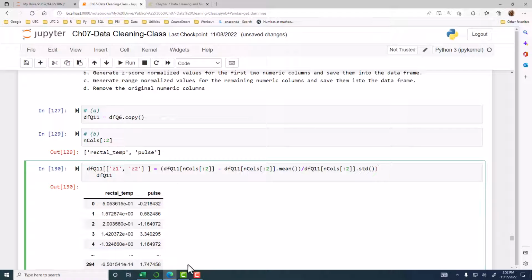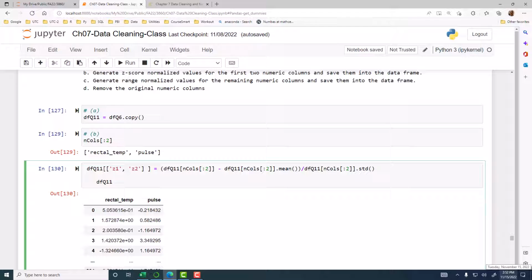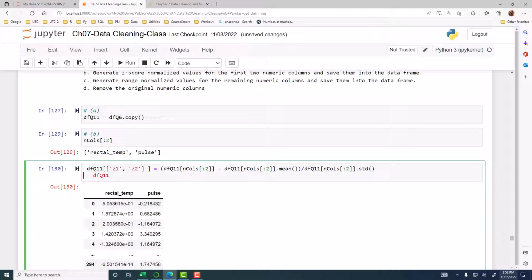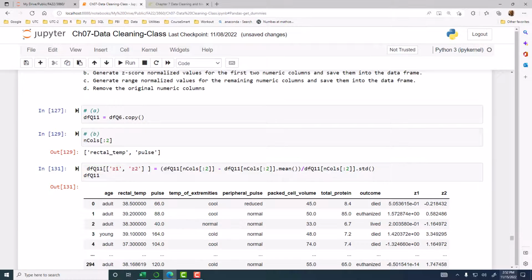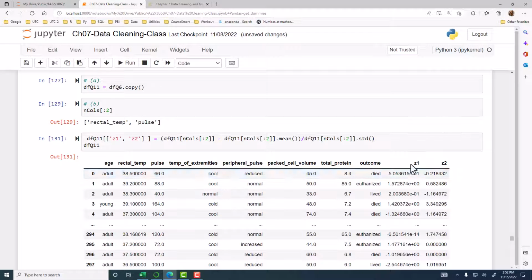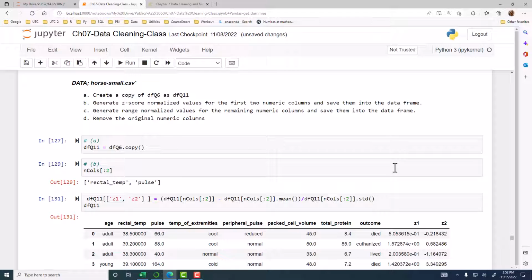Okay, so do I need a? No, that's it, right? Okay, so z1 and z2 are added at the end, right?